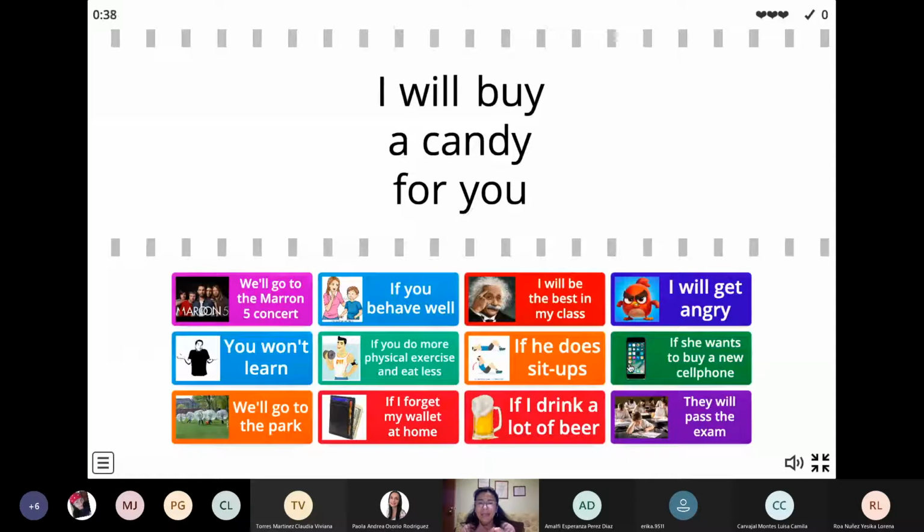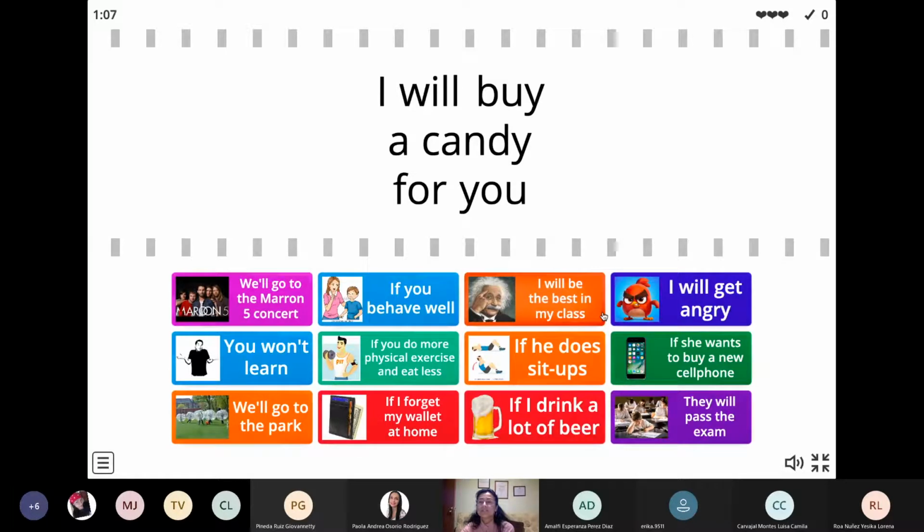I will buy a candy for you. What is the second part to complete the conditional sentence? I will get hungry. What is it? I will buy a candy for you if.